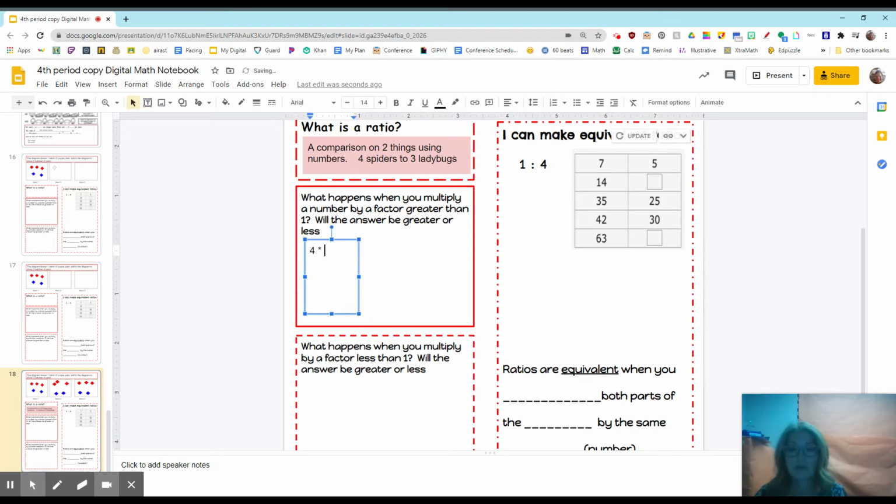So 4 times 1 equals, 4 times 2 equals, 4 times 3.2 equals, 4 times 2 and 1/2 equals, actually let's make this like 6.2, make it a big number. All right, so you need to come up with those answers. Go ahead and pause your video while you work on that.